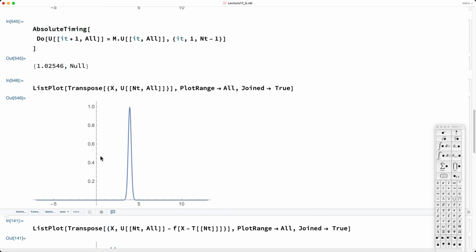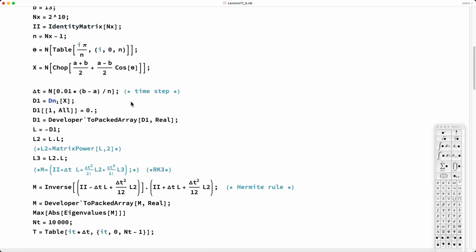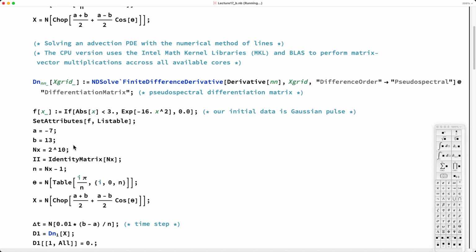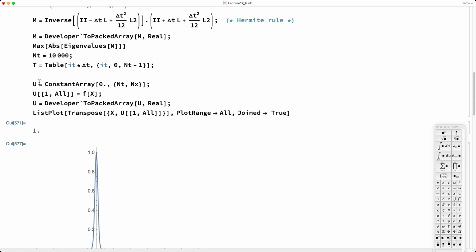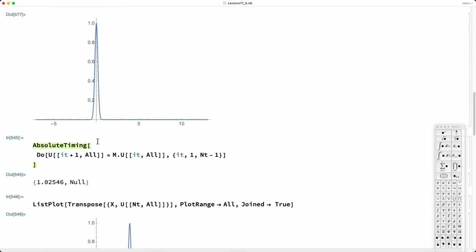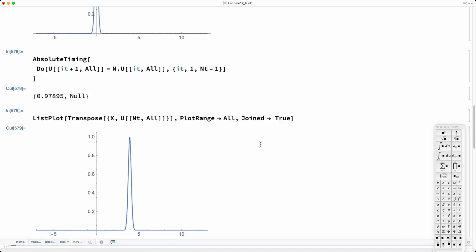Okay, the solution looks like it has propagated, and let's actually check. Let me execute it again, to make sure. So we're starting from u being 0, then initial data, then we do this, and then we plot the solution.